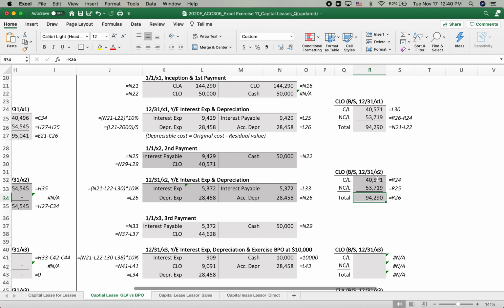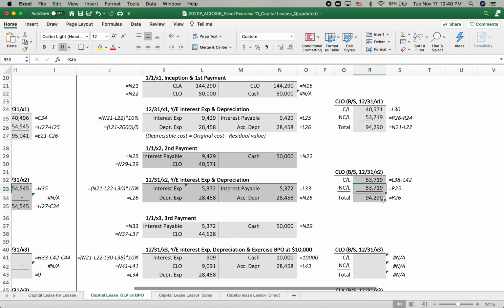Okay, the current liability at year 2 should be showing the payment for the next year. So this amount should be what? The CLO, this plus this.